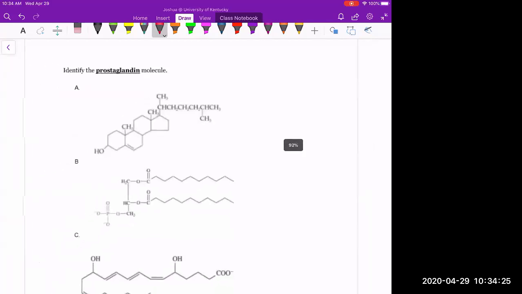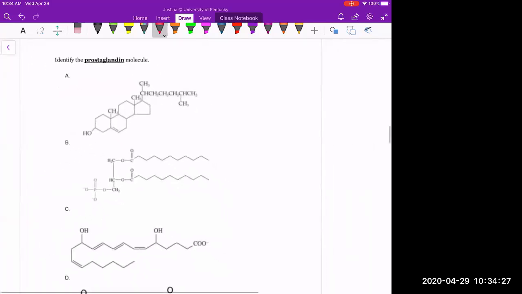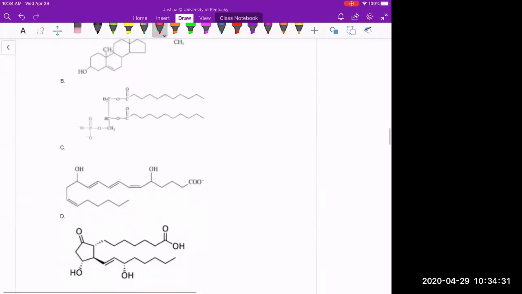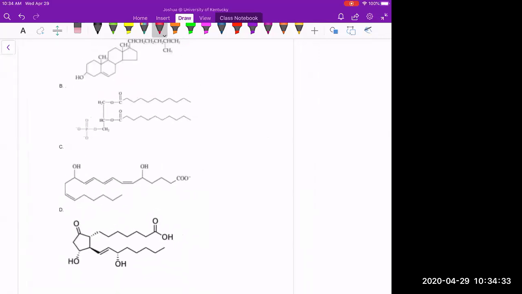Identify the prostaglandin molecule. Answer is D. How do you know? It's that 5-membered ring. That's indicative of a prostaglandin. This molecule is just a hydroxylated fatty acid.